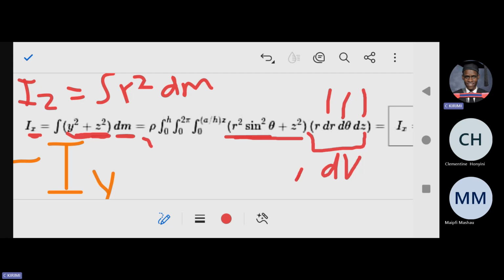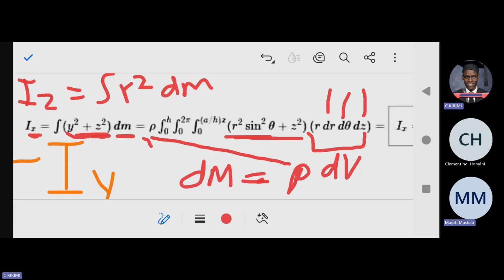If I add it here, it will be rho dV is equal to dm. So we have replaced that. Everything stays the same. So that rho is this rho. Everything is clear. So if you know how to set up your integrals, we are fine.